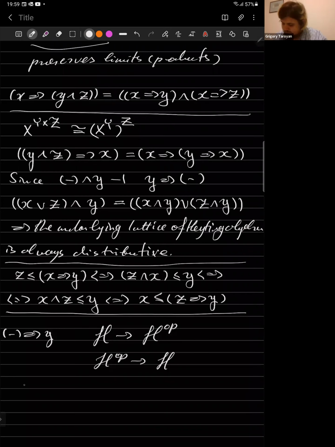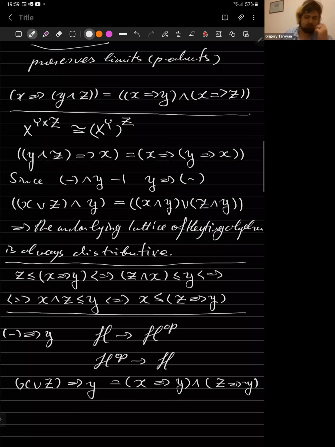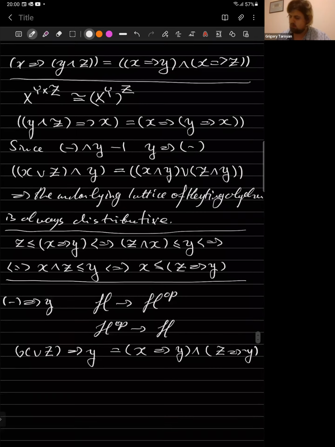And so we have the following identities which follow from adjointness. So the coproduct became a product.